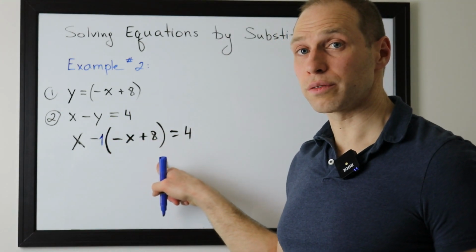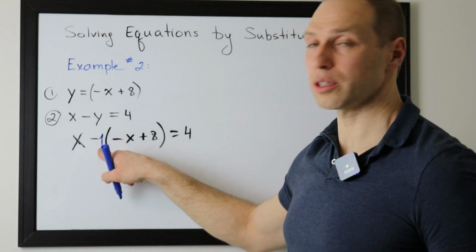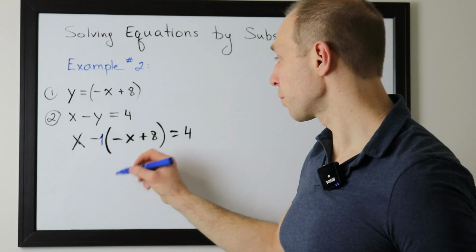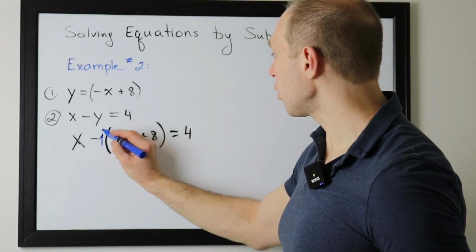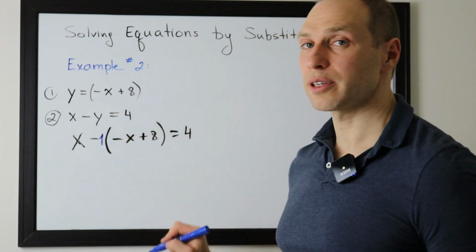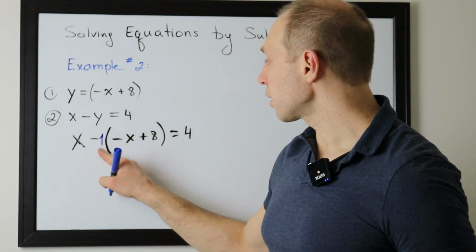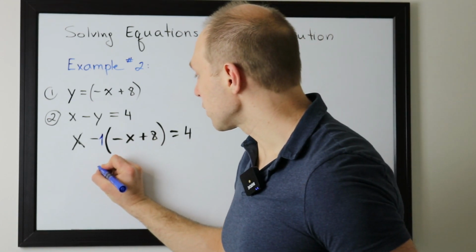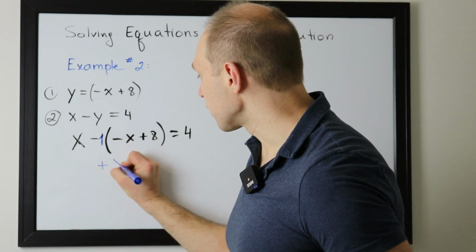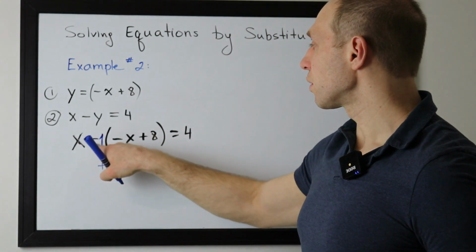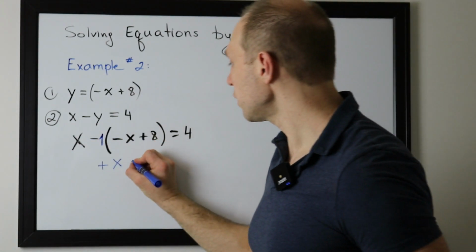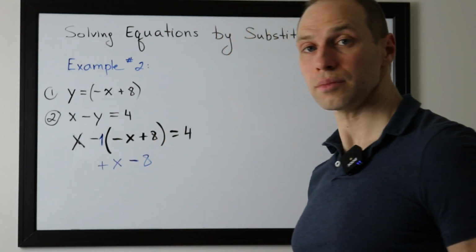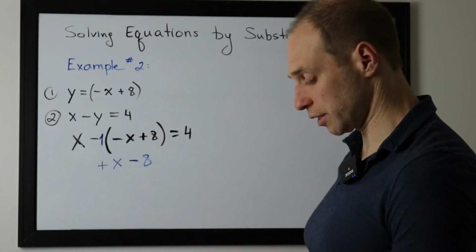You can do it in one of two ways. If you choose to use the number negative 1, you take this number and multiply it by everything inside that bracket. Negative times negative gives us a positive answer. Negative times positive gives us a negative answer. Everything else stays the same.